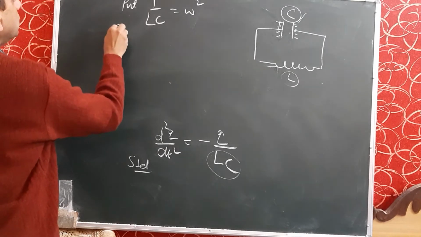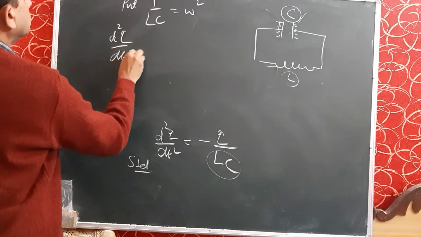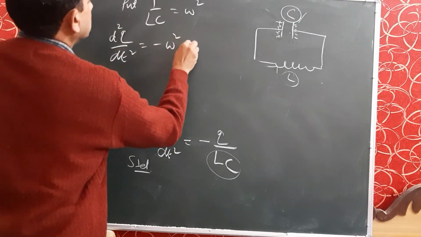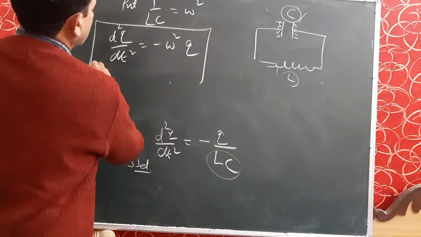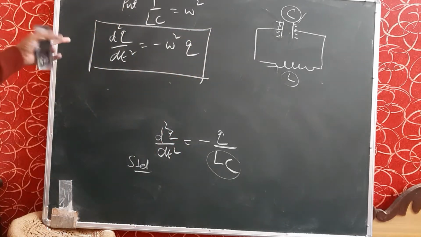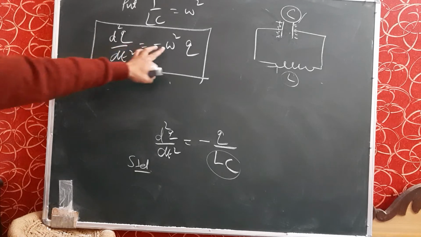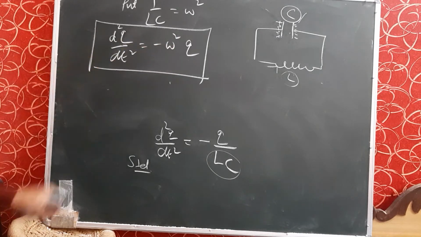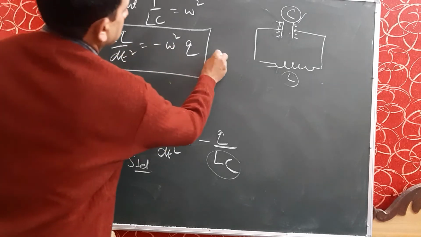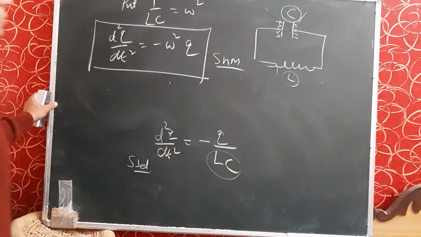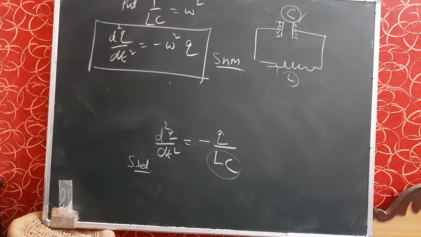We get d square q upon dt square is equal to minus omega square q. It is a second order equation in terms of q and omega square. This equation proves that the motion is SHM, simple harmonic motion.